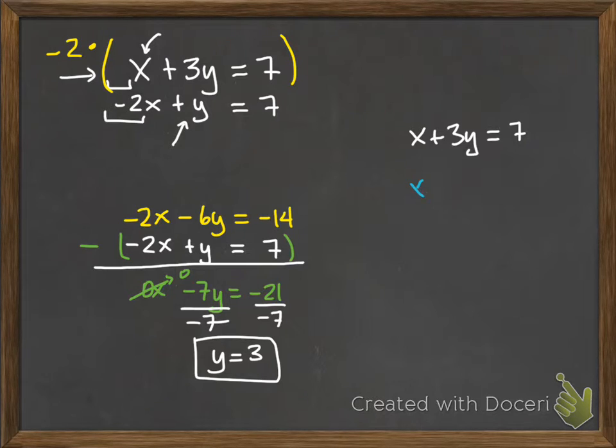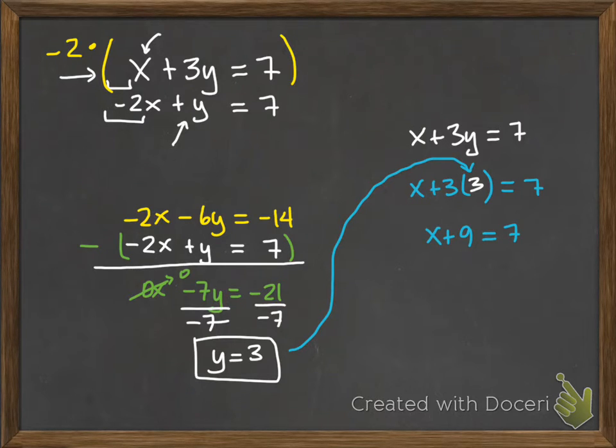So we have x plus 3 times, and this is what we're plugging in here, this is a 3. Okay, we plug that in, equals 7. So 3 times 3 is 9. So we have x plus 9 equals positive 7.